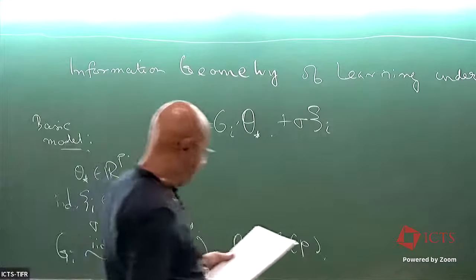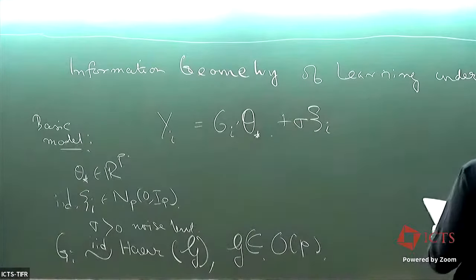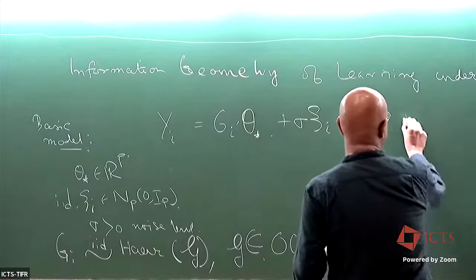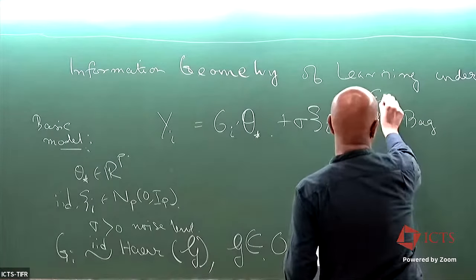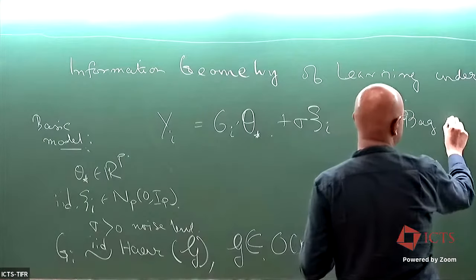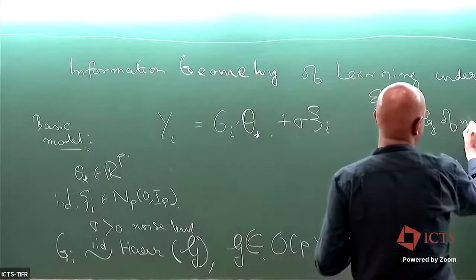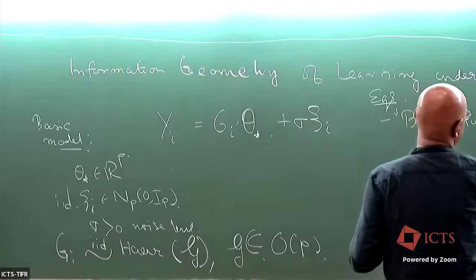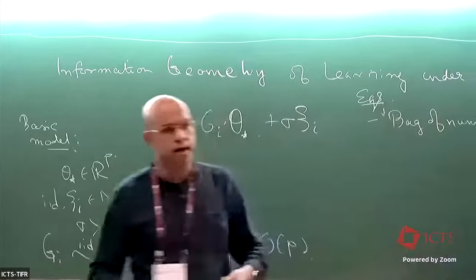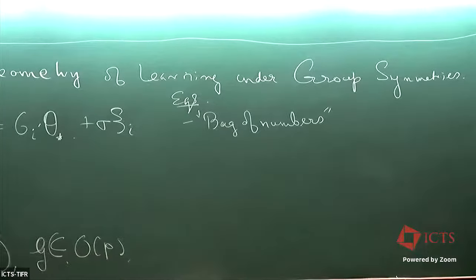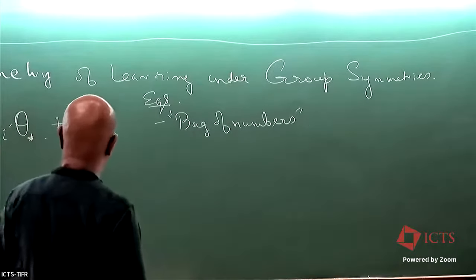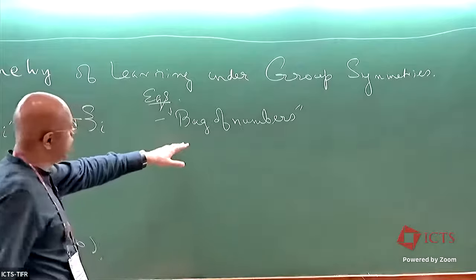Let us also remind ourselves of some basic examples we discussed. For example, we can think of a bag of numbers. These are just some integers or some real numbers, and we are not really interested in the order of the elements.